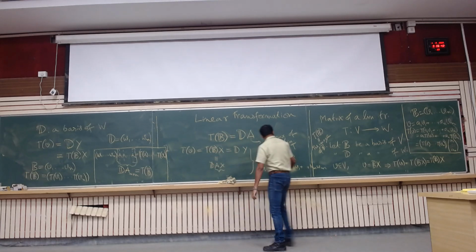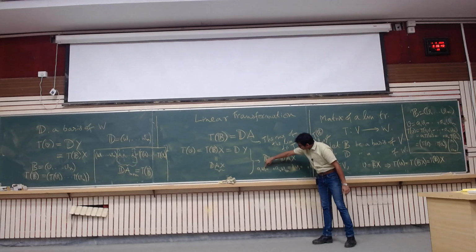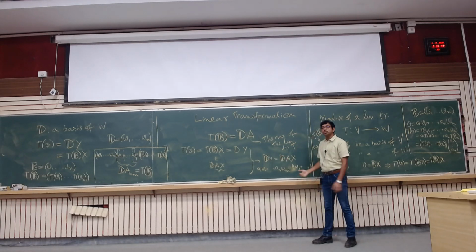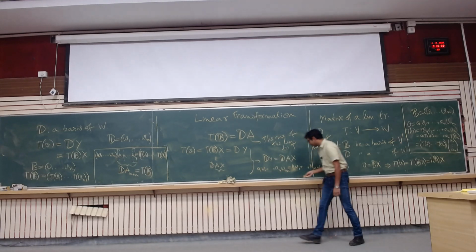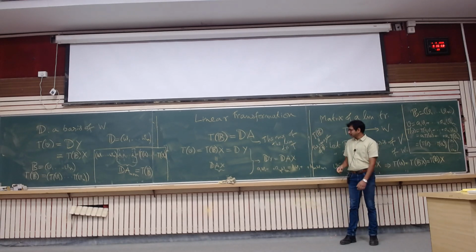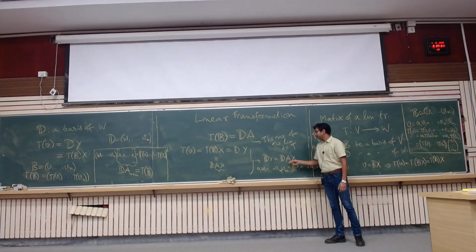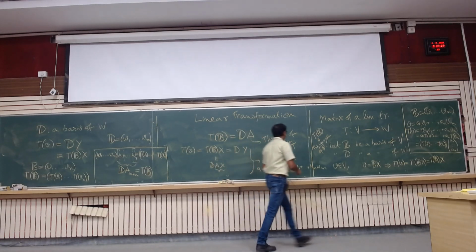You can take this one to the other side, and then you get a linear combination of W1 to WM which gives you 0. So that means each of the coefficients should be 0. That means A1 should be equal to B1, up to AM equal to BM, right? In other words, the coordinate vectors should be equal to each other. So dy equals dx.